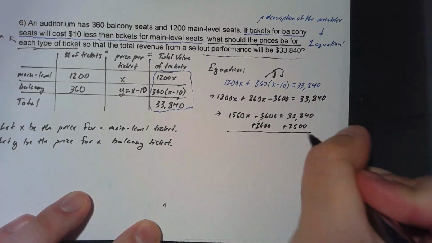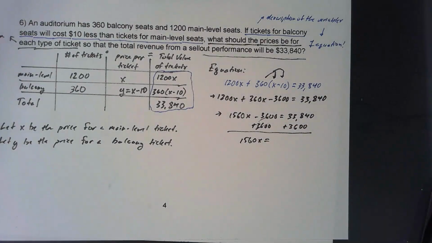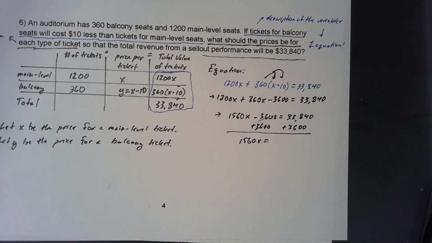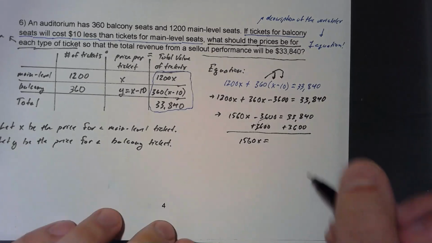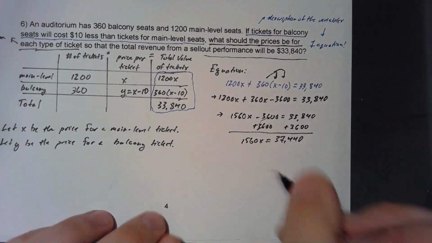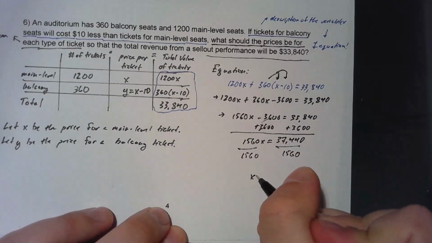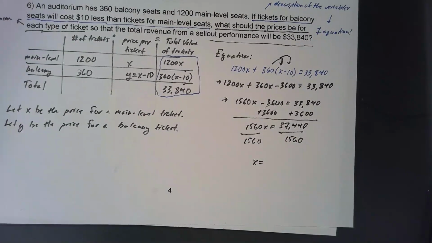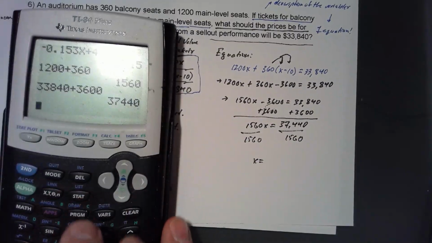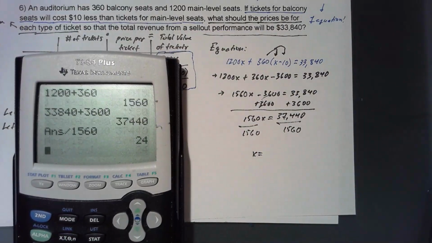They go away. 1,560x equals 33,840 plus 3,600, which is 37,440. Divide by 1,560. So 37,440, let me show my calculator, divided by 1,560 is 24.